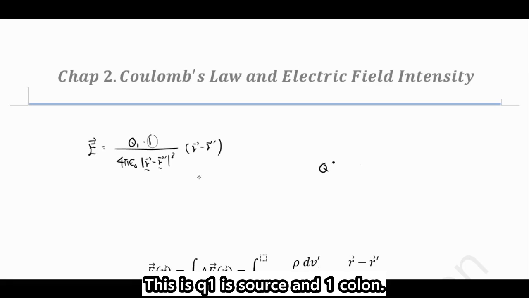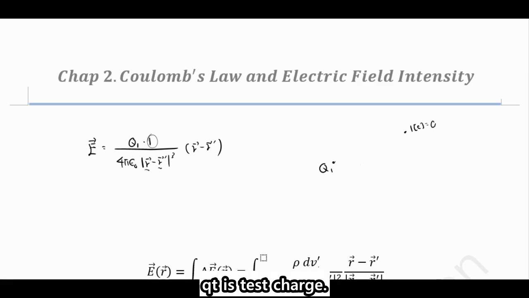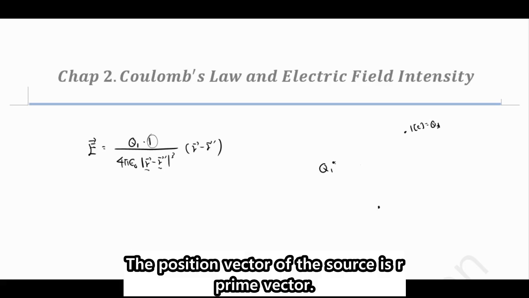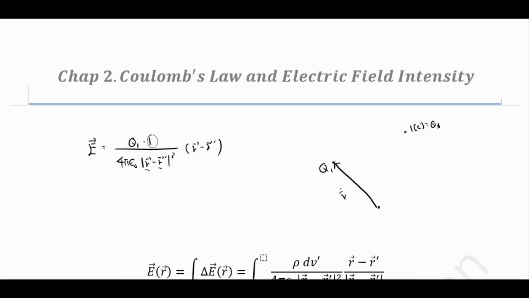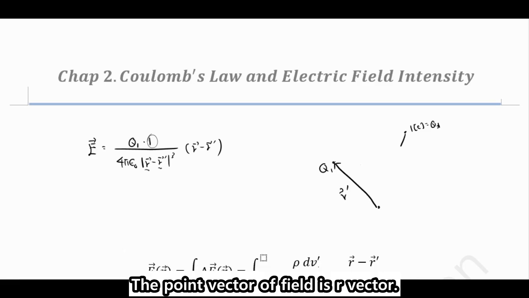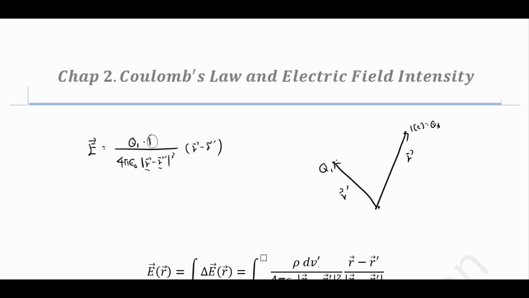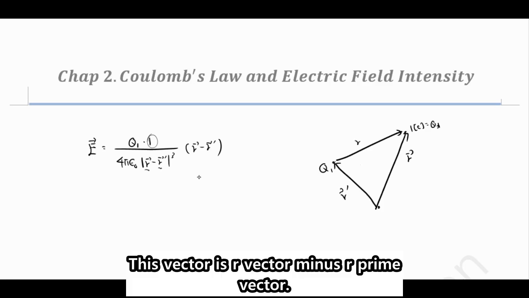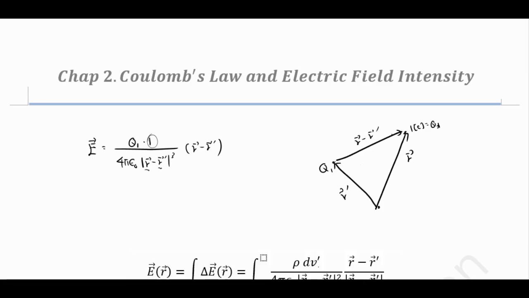Q1 is the source, and the test charge Qt is 1 coulomb. The position vector of the source is r prime, the position vector of the field point is r, and this vector is r minus r prime.